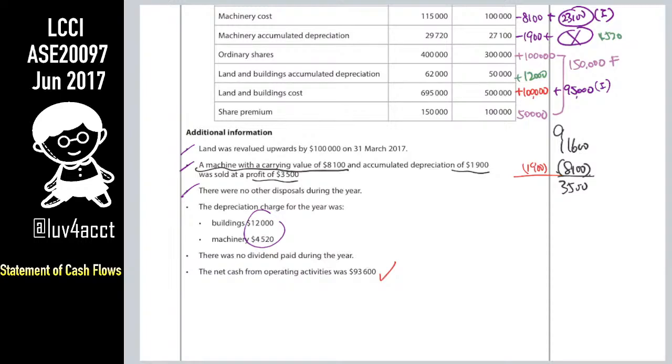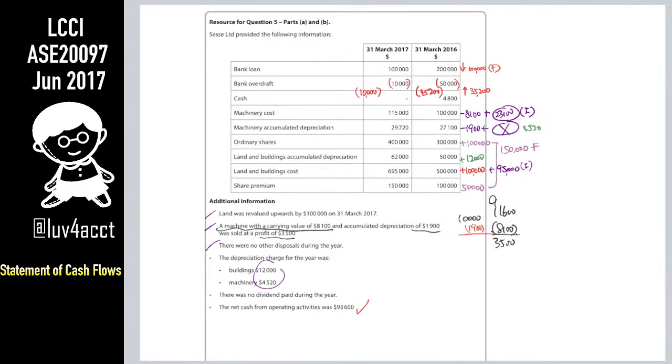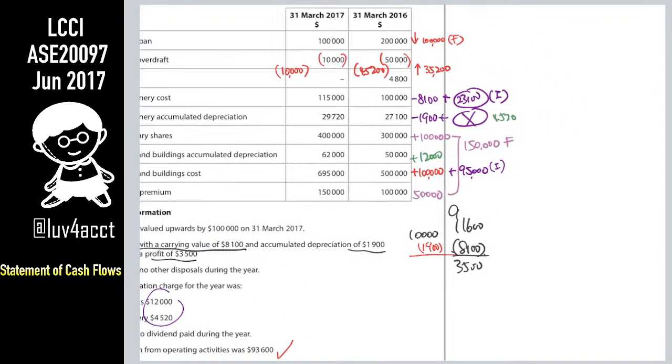First thing. Second thing, the cost. The cost is not 8100. The carrying value of the disposed asset is 8100. And accumulated depreciation, this one. That means the cost of the disposed asset is 10,000. That means here we also need to change it.